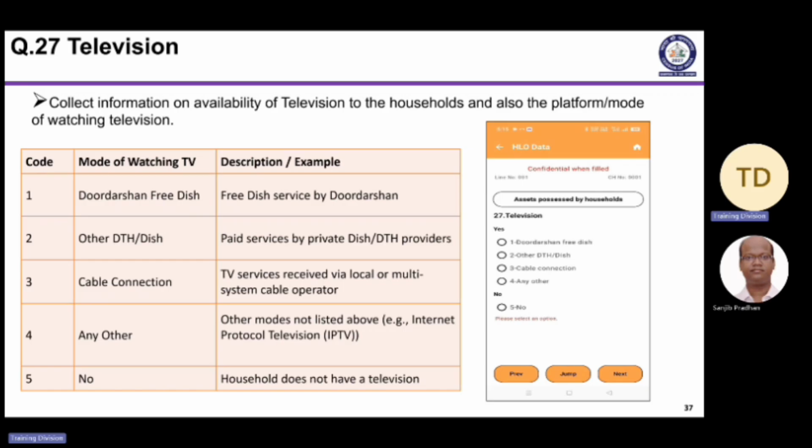Third is cable connection, TV services received via local or multi-system cable operator. Fourth is any other, like internet protocol television. And fifth is no, the household does not have television. So no means that a TV set is not available in the household. I think it is clear for all the codes.